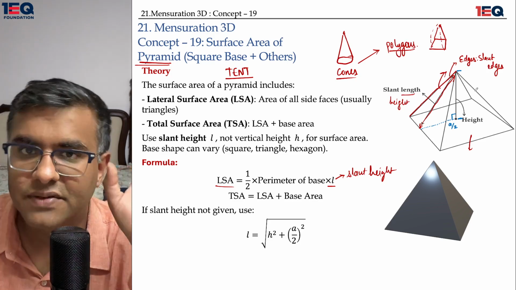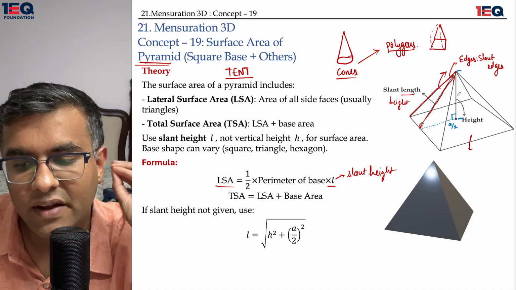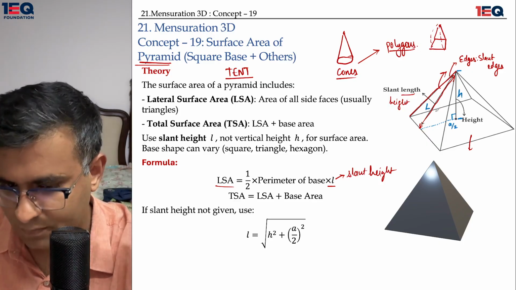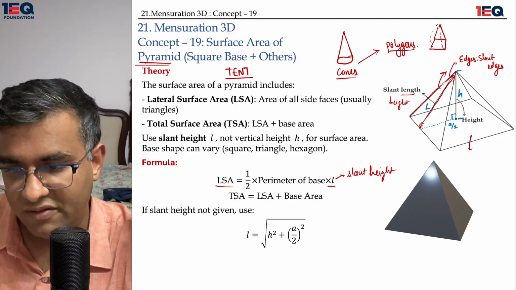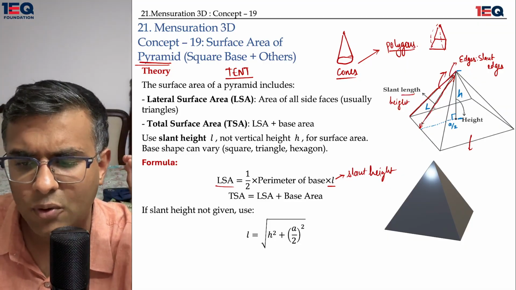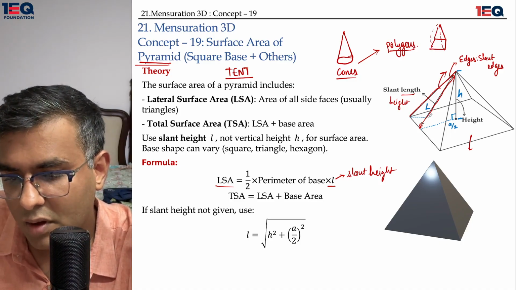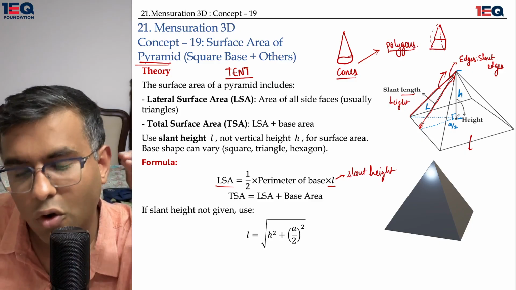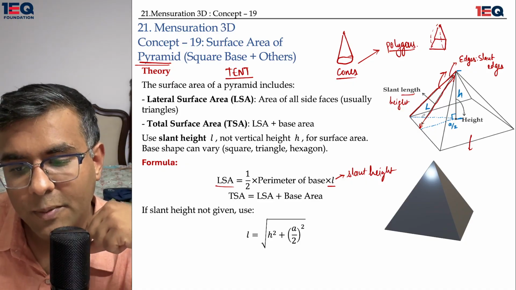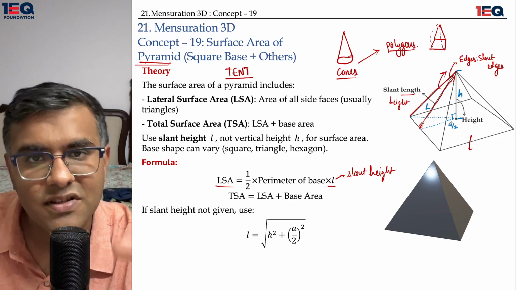The formula differs for both of them. We have a by 2 as the base, we have h as the height, and whenever we talk about slant height, we use it as L. Now, if we talk about slant edge, the edge has a different sort of orientation. The line which is meeting from one of the corner vertices to the center or to the core of the pyramid is not going to be half of the side of the square base.